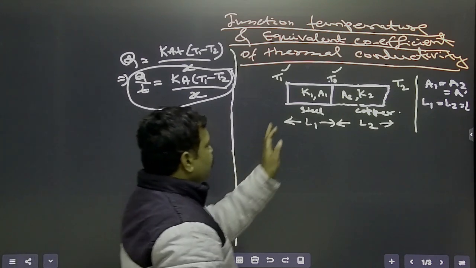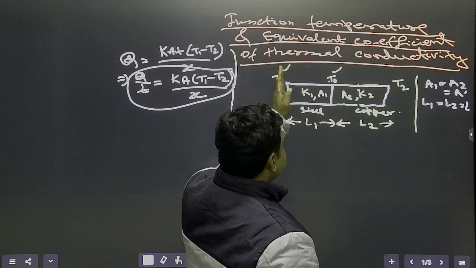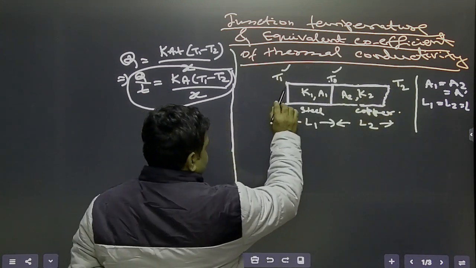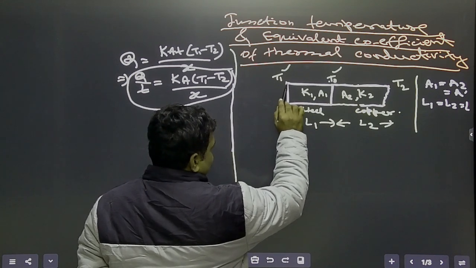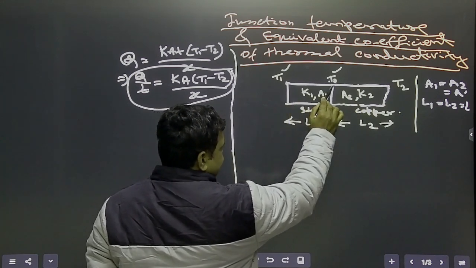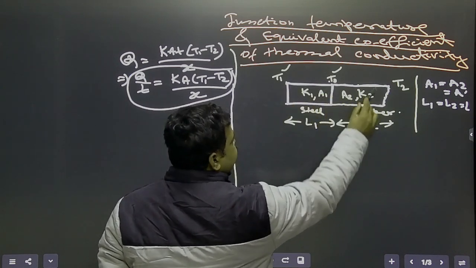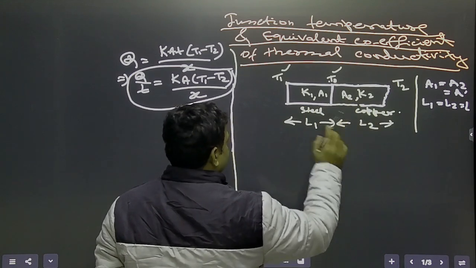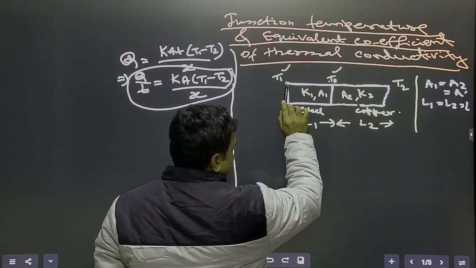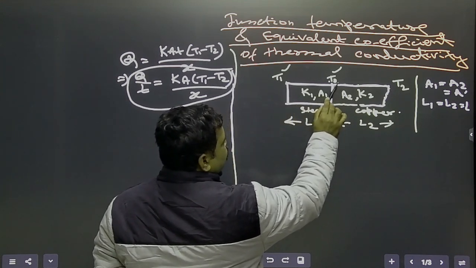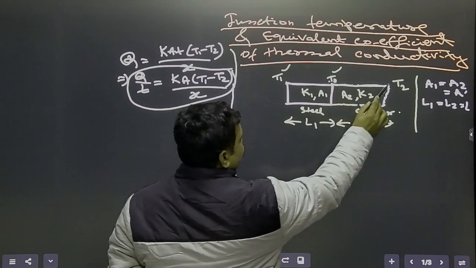Now when the heat transfer takes place from this end to this end, we can take that the rate of transfer of heat will be the same in different sections of the material. So the rate of transfer of heat from this end to this junction will be equal to the rate of transfer of heat from the junction to the other end.